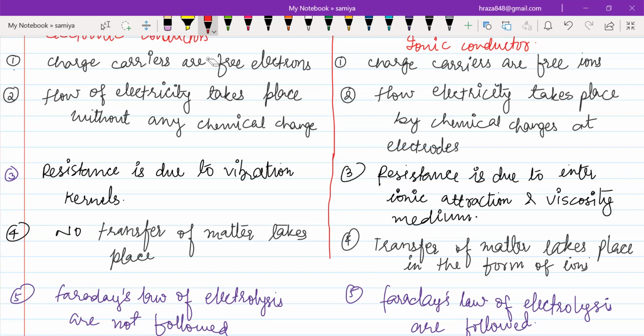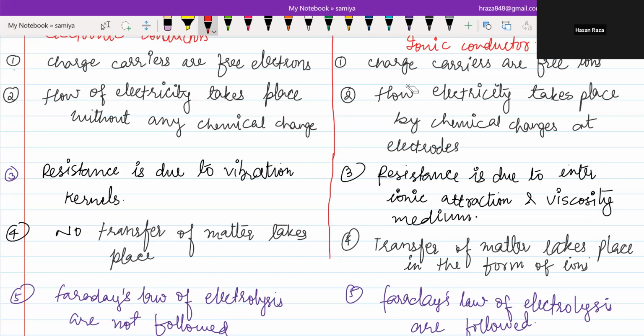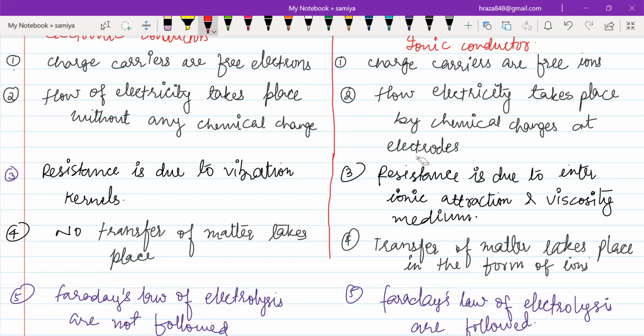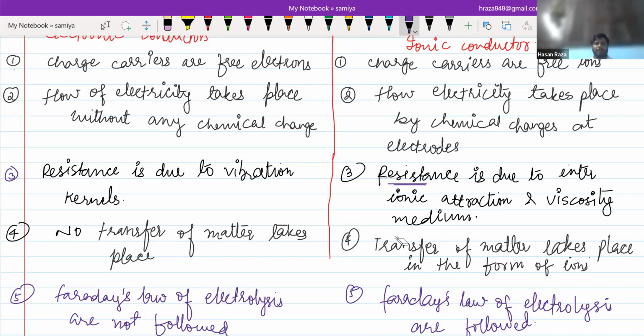Sir, can you explain the third point of ionic conductor? Resistance is due to... first of all, I'm going to ask the question, what is resistance? Rim, what is resistance? Any one of you? Rim, you can speak up. You are not audible now.